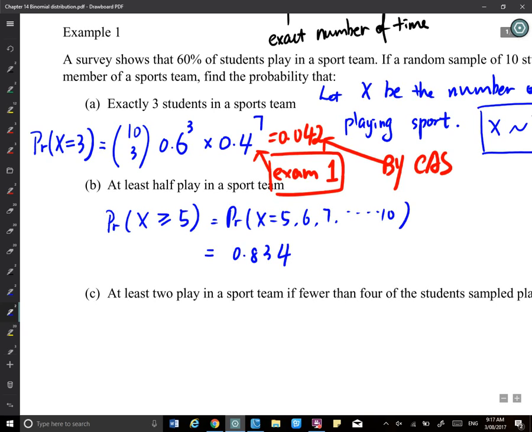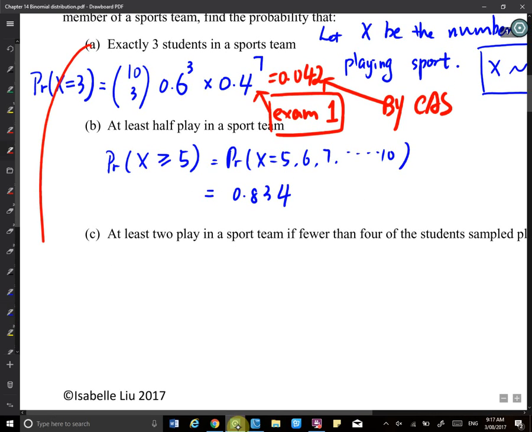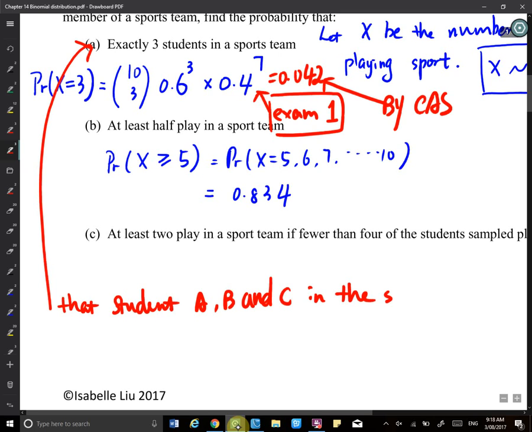Okay, I have a really important thing to say before this last exercise. I'm not sure if I have enough time, but I must say it today. For A, it's asking in this way, but if I ask in a different way: find the probability that students A, B, and C are in the sport team, others not.